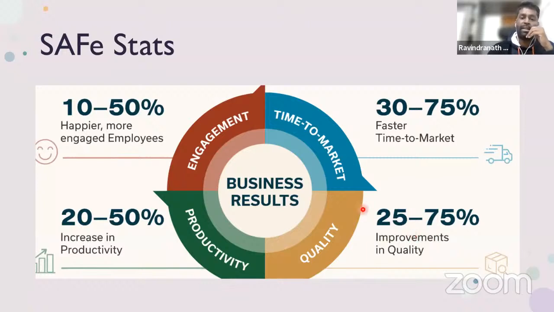When three wheels of a car are good, even if the fourth wheel is not good, automatically it will be aligned. You see, there is from 30 to 70% faster time to market. That's what I'm telling you.